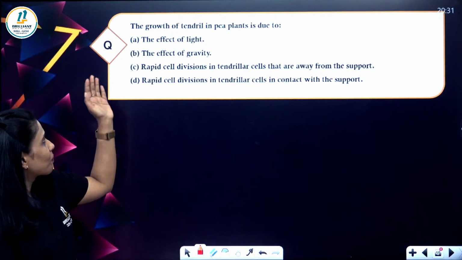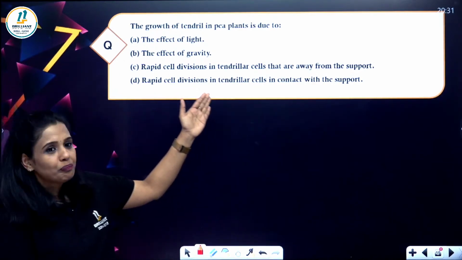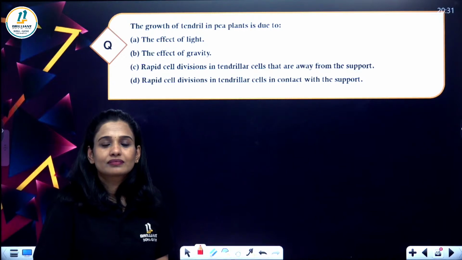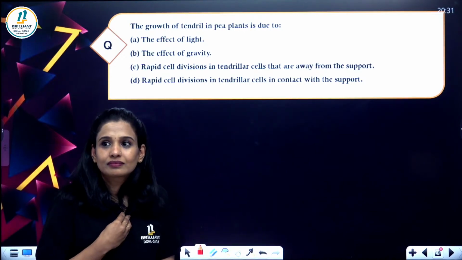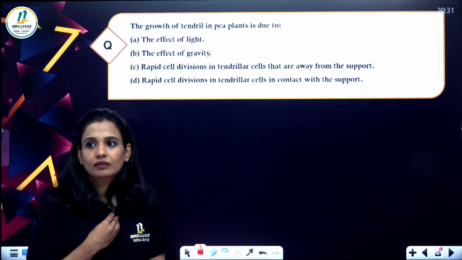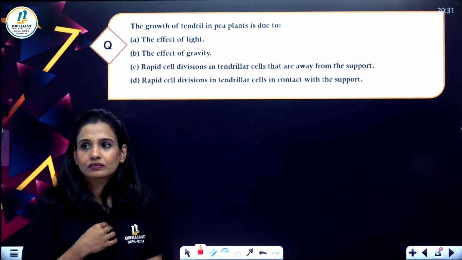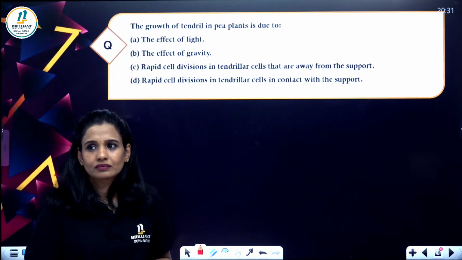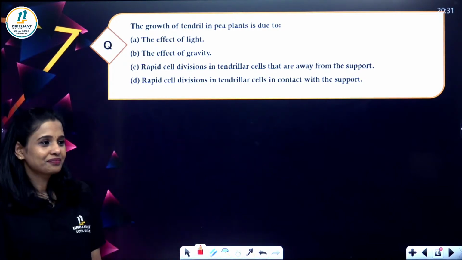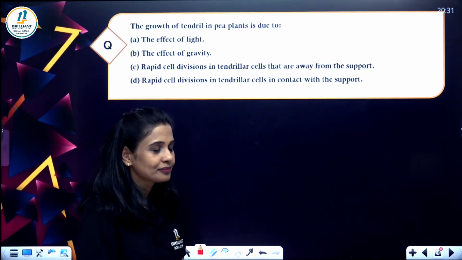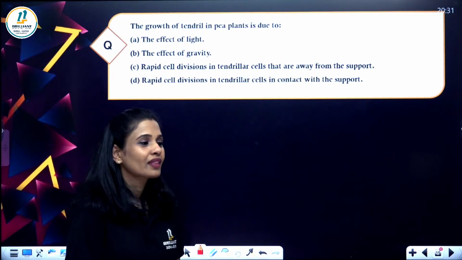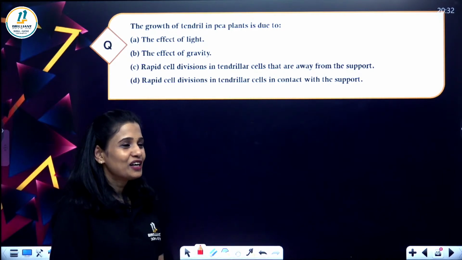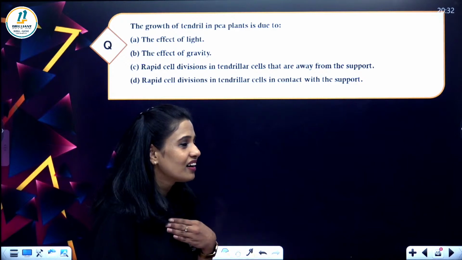Okay, now see. The growth of tendril in pea plants is due to. Very good, good responses are coming.